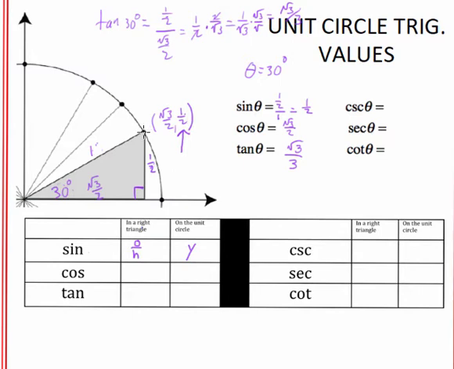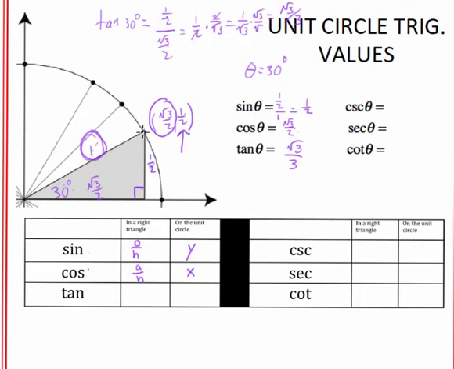Then the cosine in a right triangle is adjacent over hypotenuse, A over H. And if we look at the cosine that we calculated, again the hypotenuse is always going to be 1, so it's literally just that adjacent side. In the unit circle, that adjacent side is the x value of the coordinate associated with that angle right there.